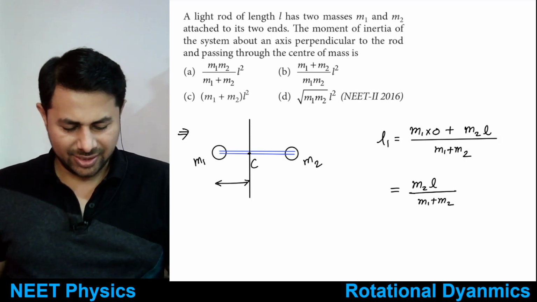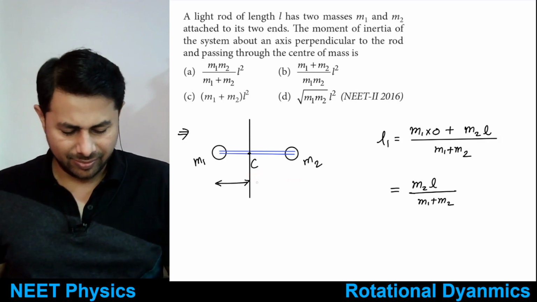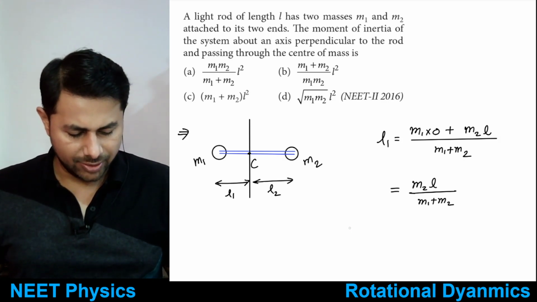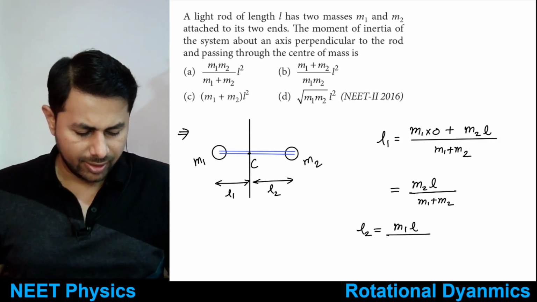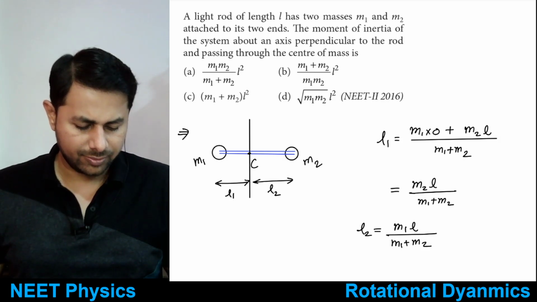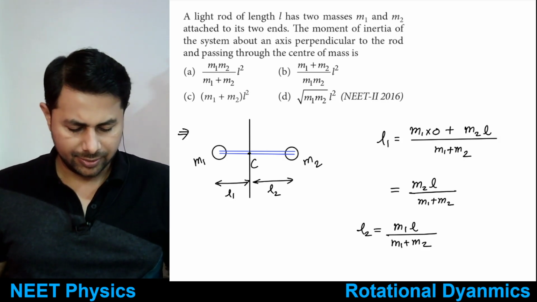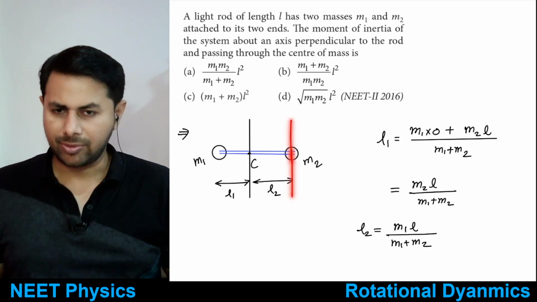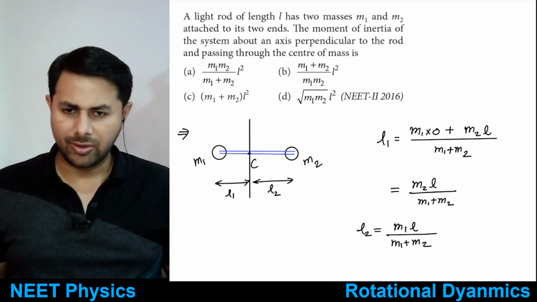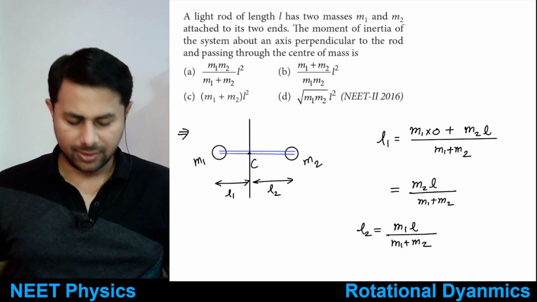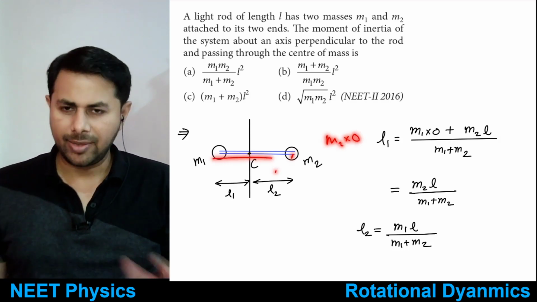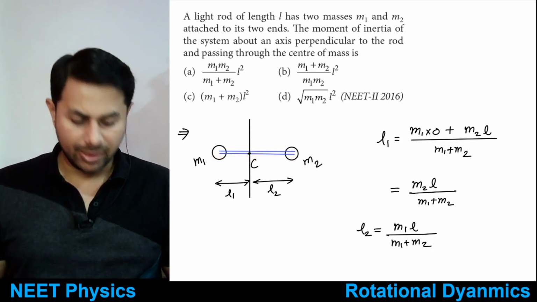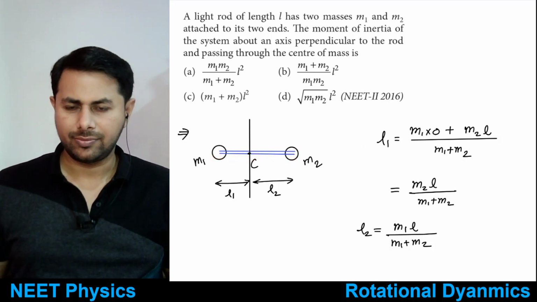Then the distance of the center of mass from m2. So suppose this is L1, this is L2. What would be L2? Similarly, I can say that L2 would be equal to m1 times L divided by m1 plus m2. If you start measuring the distance from this point, then the center of mass would be (m2 times 0 plus m1 multiplied by its length) divided by m1 plus m2.